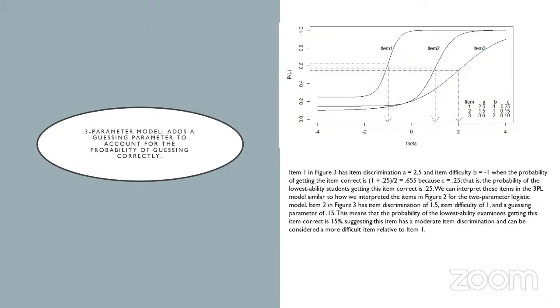So in 3-parameter models, items can be assessed correctly. Figure 3 has item discrimination a equal to 2.5 and item difficulty b equal to -1.